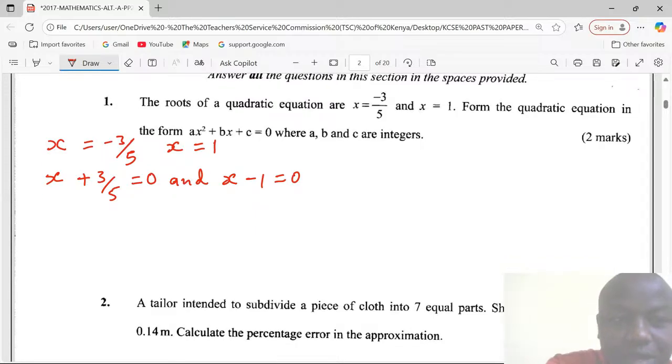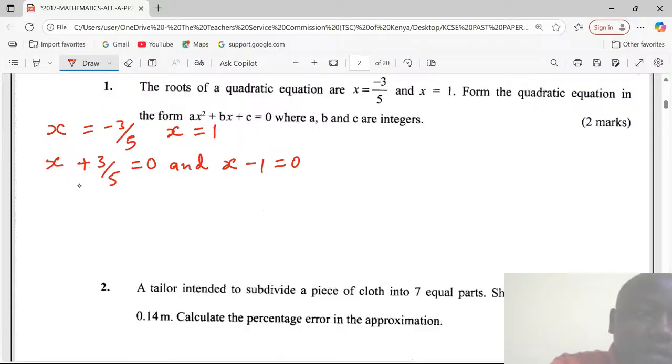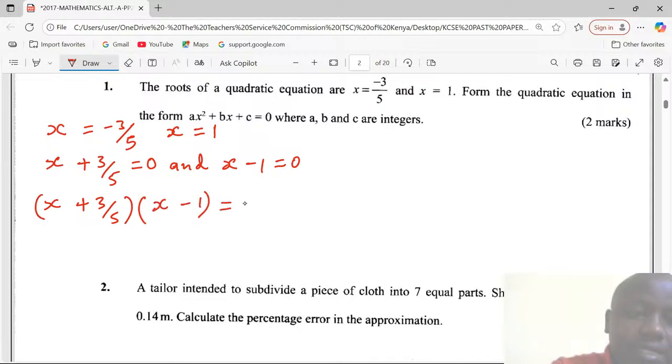Now, before we had these factors equated to 0 separately, the step just before this one should have been x +3/5 in brackets, then x -1 in brackets, everything equals 0. So this is just after factorization. For us to get back to the equation, we are supposed to expand.